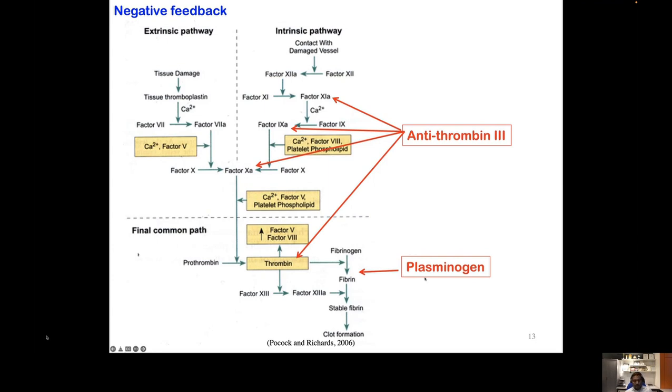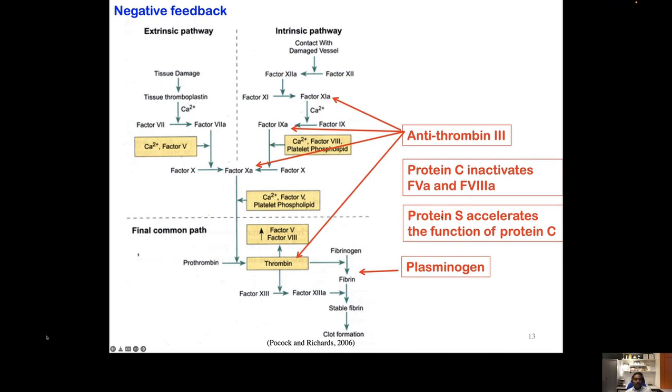Similarly, there is another protein called plasminogen. This protein will be converted into plasmin, and that's a blood clot dissolving enzyme. We're going to talk about that later on. So that's also important that we have in the body. Then protein C will inactivate the active form of factor 5 and the active form of factor 8.